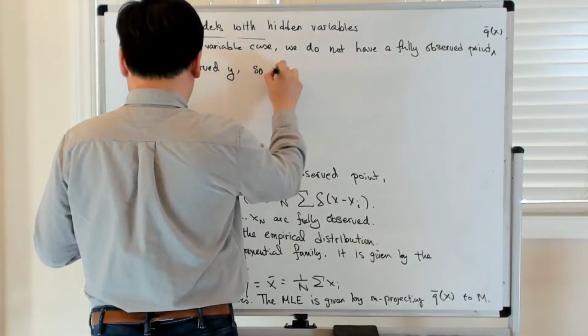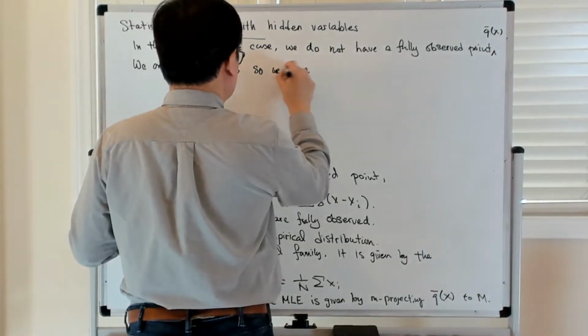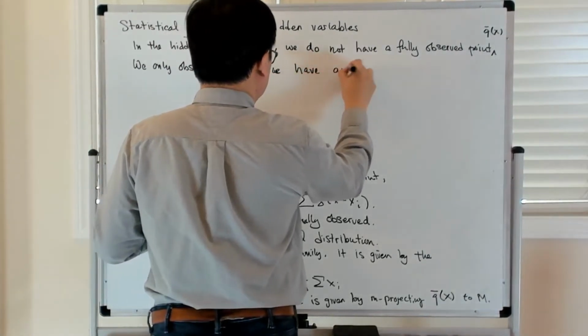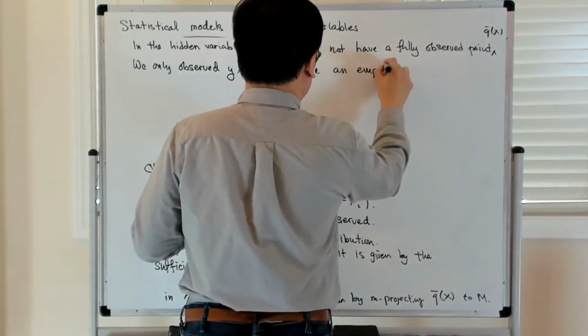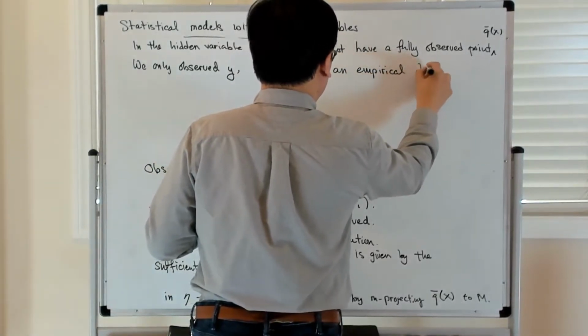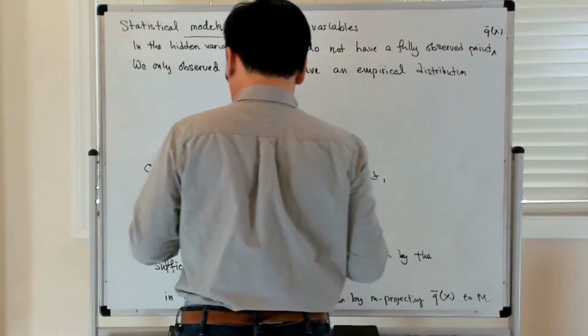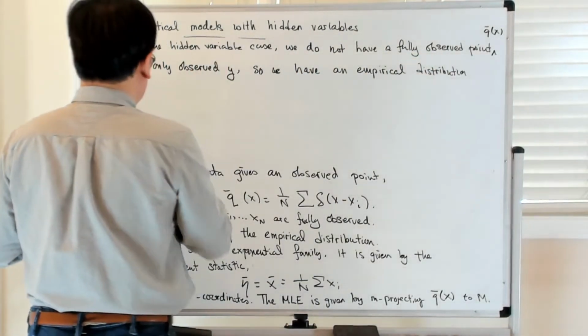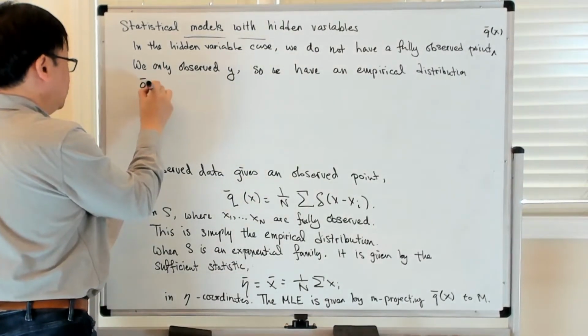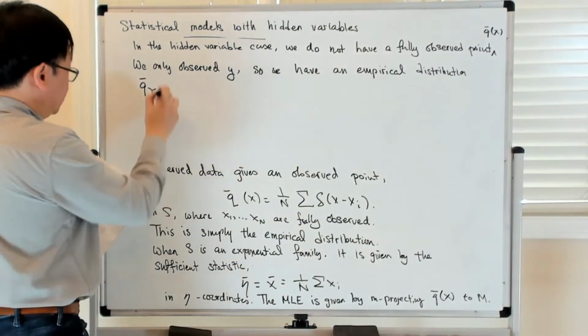So we have an empirical distribution, let's call that q bar y, which depends on y.